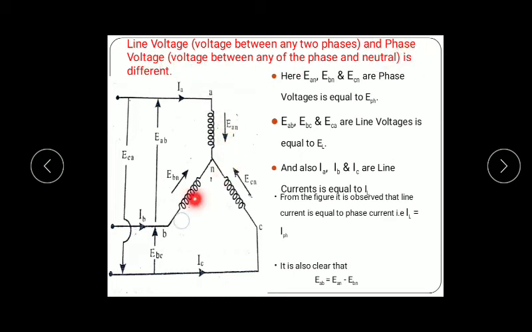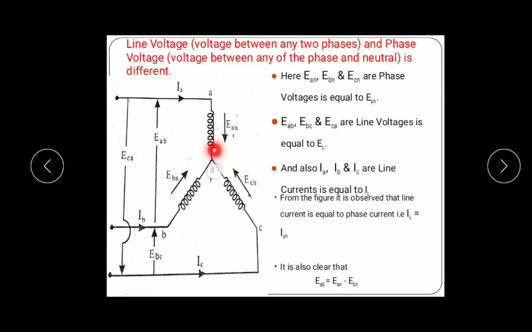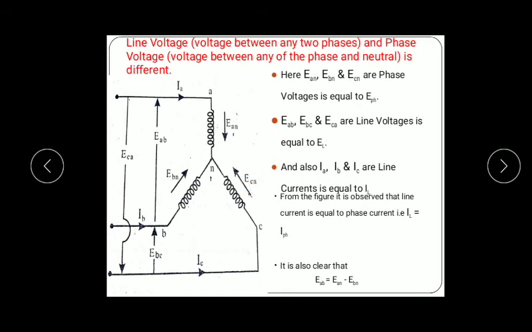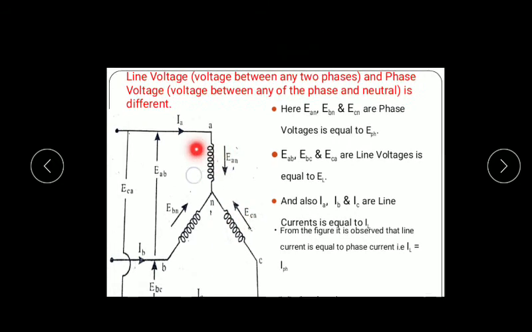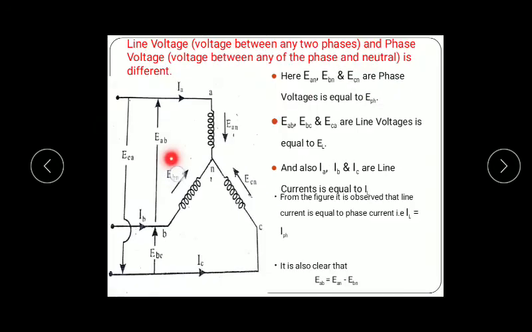This is my star connection to which I am connecting the 3-phase supply. Line voltage is the voltage between 2 phases. This is the 1st phase, 2nd phase, 3rd phase. So line voltage is the voltage between 2 phases.